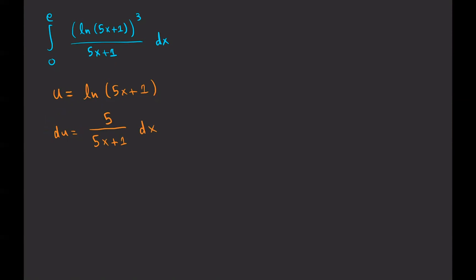So when I'm looking at this du, I notice that right there, I have a dx over 5x plus 1 and a dx over 5x plus 1. So what I like doing is dividing both sides by 5 here. And now I have 1 over 5x plus 1 dx. And this is great. We've got all that.